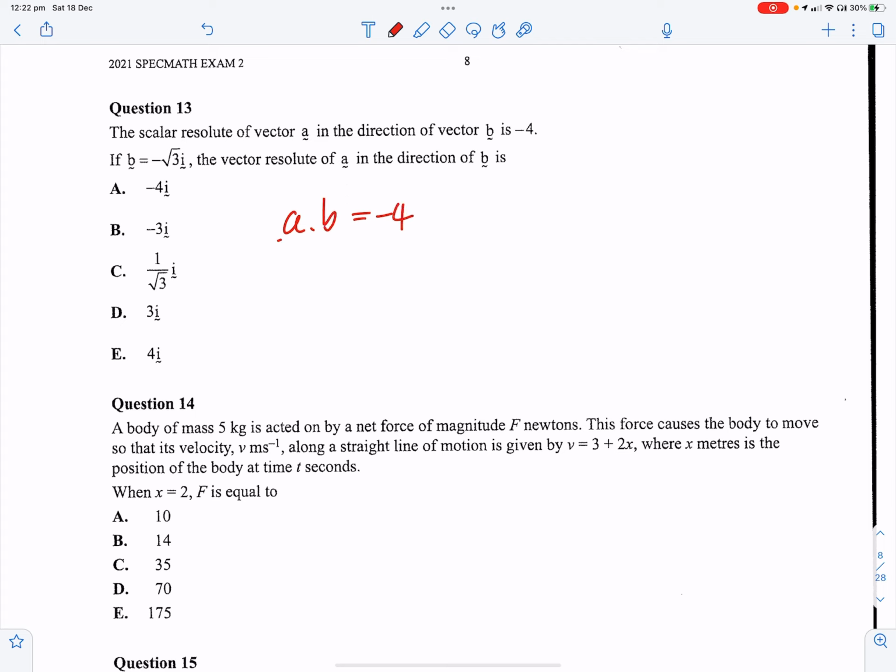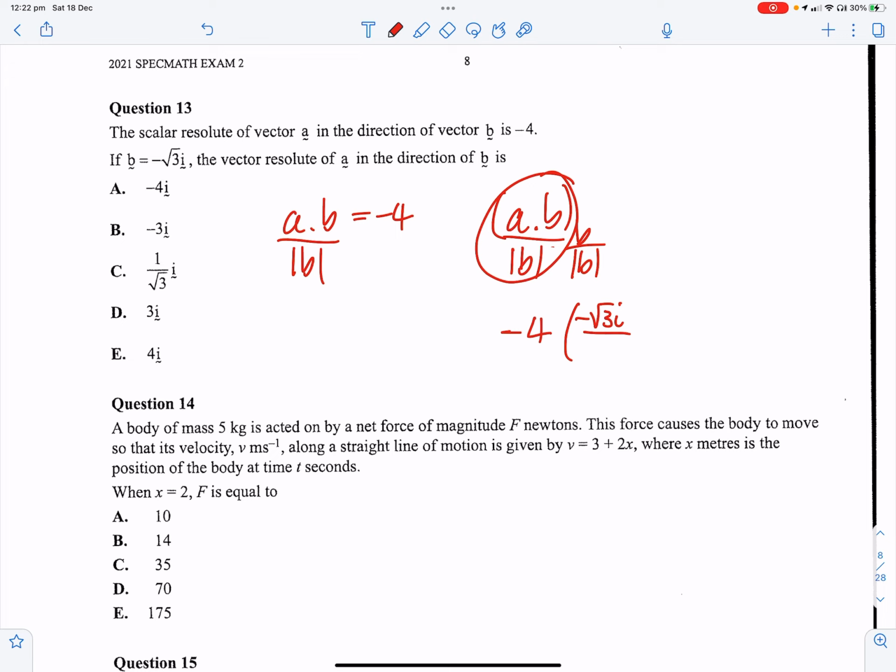We can also say that's A dot B on the magnitude of B. The vector resolute of A in the direction of B, so we want A dot B on the magnitude of B squared times B. If I put that there, that is negative 4 times B, which is negative root 3I, over the magnitude of B, which is root 3. They cancel, so we just get positive 4I.